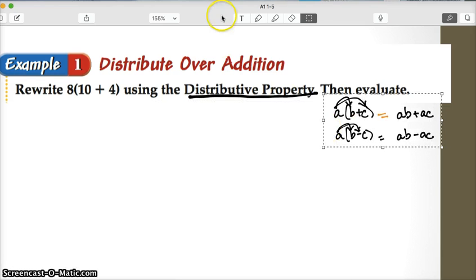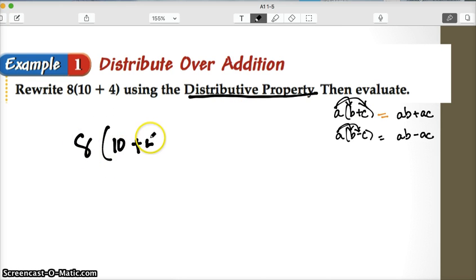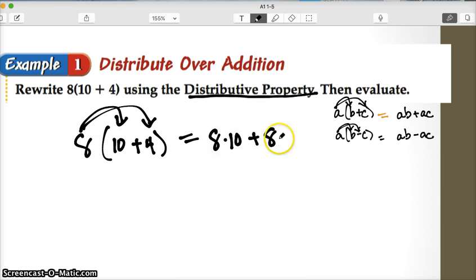So I'm going to move this over here. So here we're asked to rewrite this using the distributive property. Well, looking right over there, I realize that I can simply rewrite this by multiplying 8 by 10, then 8 by 4. 8 times 10, I'd write like that, and then 8 times 4 like this. So we rewrote it using the distributive property.